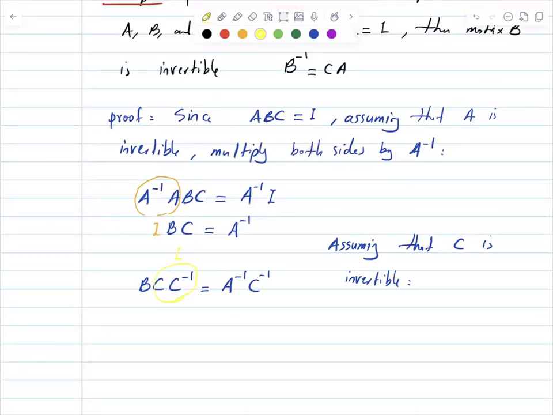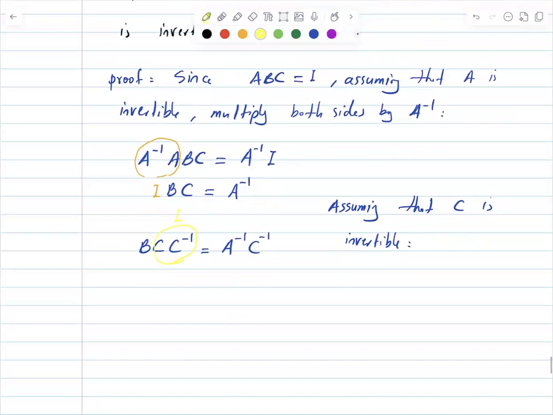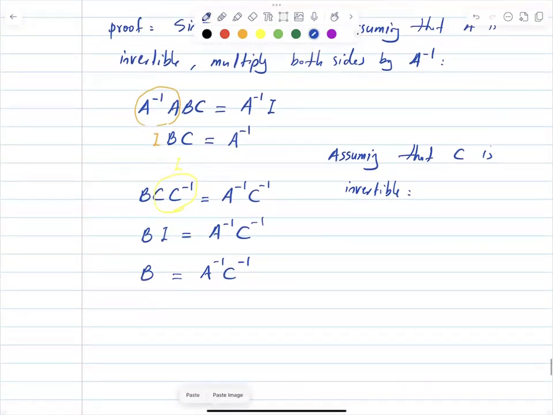Assuming C is invertible, you get B times the identity matrix, and on the other side you have the inverse of A multiplied by the inverse of C. So B becomes inverse of A times inverse of C. So basically, what do we see? We see that B is equal to CA inverse.